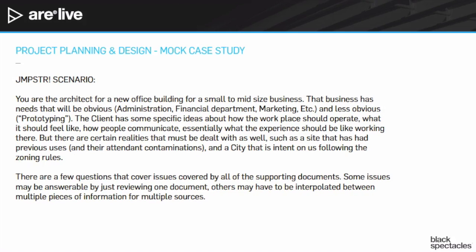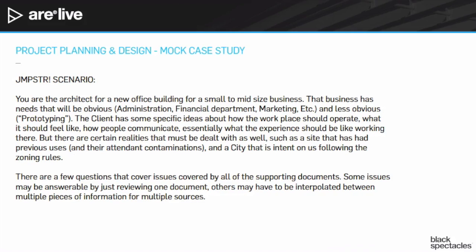The client has some specific ideas about how the workplace should operate and how it should feel, how people want to be able to communicate, essentially what the experience should be like for people who are working there. But there are certain realities that must be dealt with as well, such as the site has had a previous use and its attendant contaminations, and the city is intent that we follow the zoning rules.